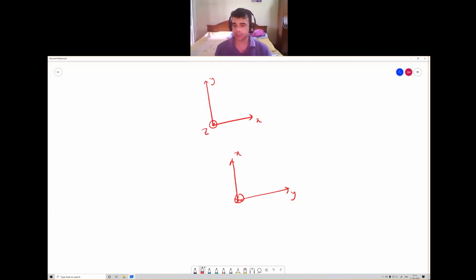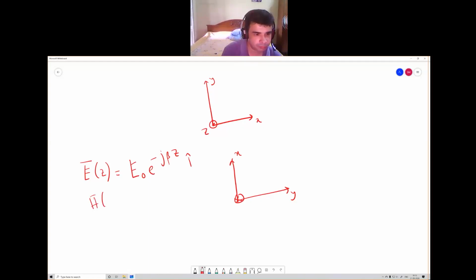So let us consider the waves which we have seen right in the beginning. For example, E is E naught e to the power of minus j beta z along the x direction. This we have seen. What will be H?